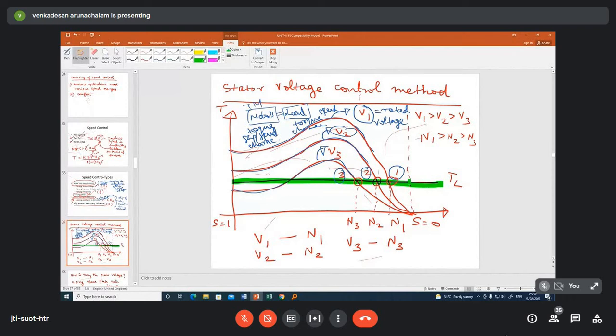So this is the load characteristic, indicated as TL. Instead of saying linear, I have to say the load torque is constant, independent of the speed.